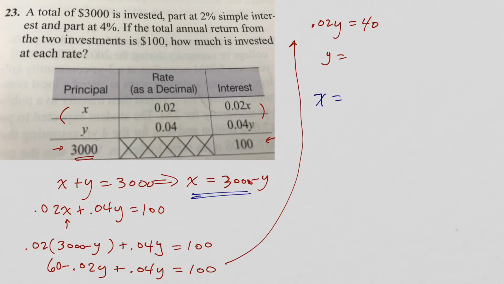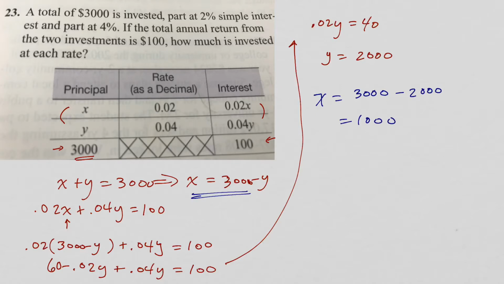And 40 divided by 0.02 is 2,000. Okay, so now we have x is equal to 3,000 minus 2,000, which is 1,000.